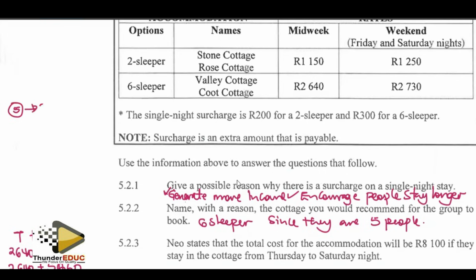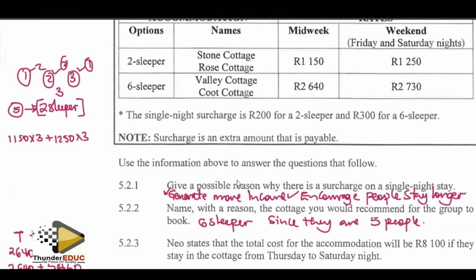If 5 people are split in 2 sleepers, that means they will need 3 sleepers together, which means 1,150 times 3 plus 1,205 times 3, which would be expensive. Why am I saying 3? Because the first one will take 2 people. The second one will take 2 people. The third one will take 1 person. So it becomes a little bit expensive.